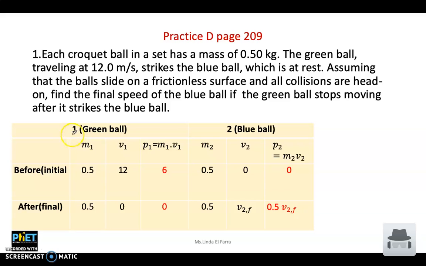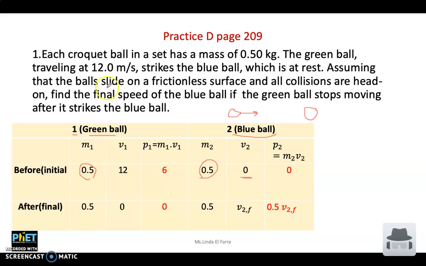So I have object 1, which is the green ball, and object 2, which is the blue ball, before the collision and after the collision. Before the collision, one was stationary and the other one was moving with a velocity, and it will hit this one which was not moving. Now the velocity for the second object is 0 because it's stationary. Both of them have the same mass, which is 0.5, 0.5.